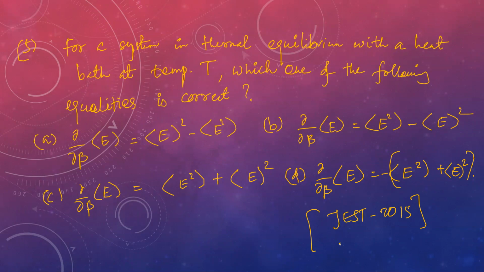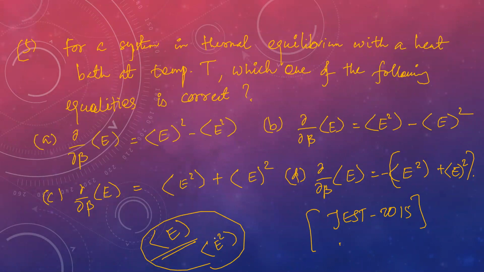For a system in thermal equilibrium with a heat bath at temperature T, which one of the following equalities is correct? Okay, so from the options we can see we have to calculate this and this, isn't it? Let's see.